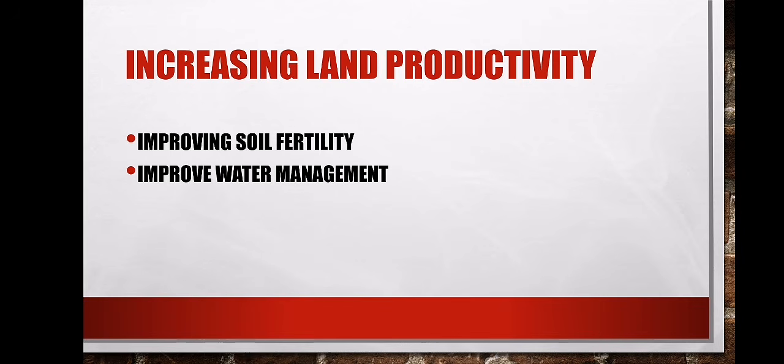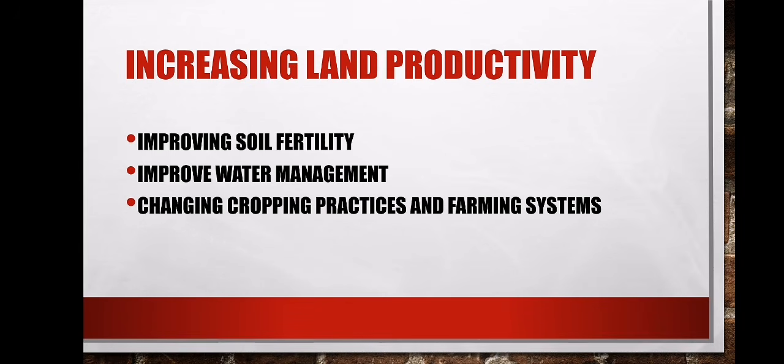You have to improve water management, whereby we talk about water provision. In improving soil fertility, we talk about addition of fertilizer. You have to change cropping practices, whereby you do double cropping, you also do intercropping.